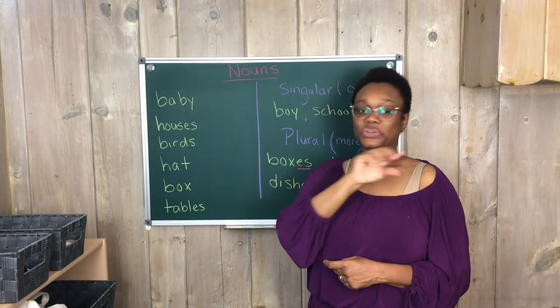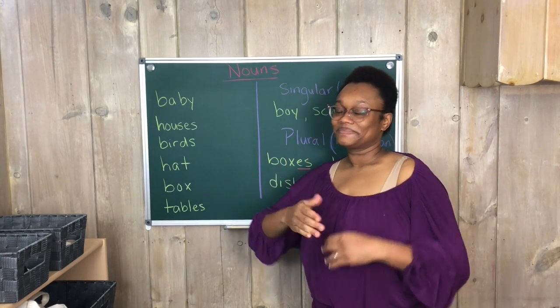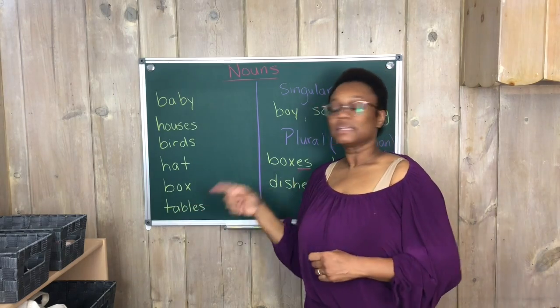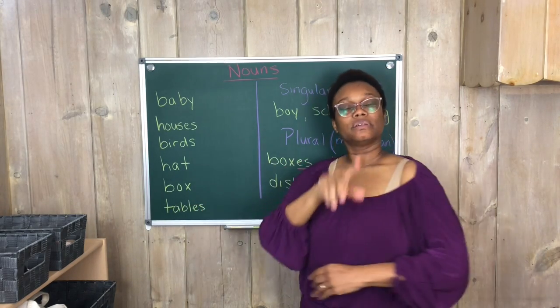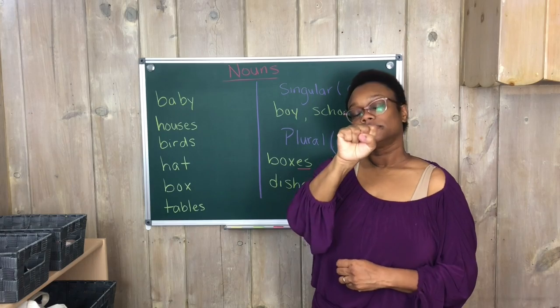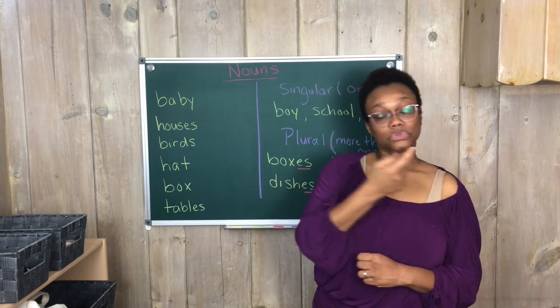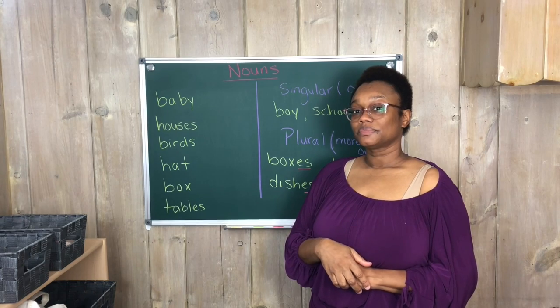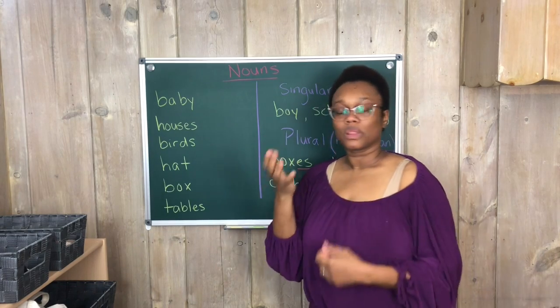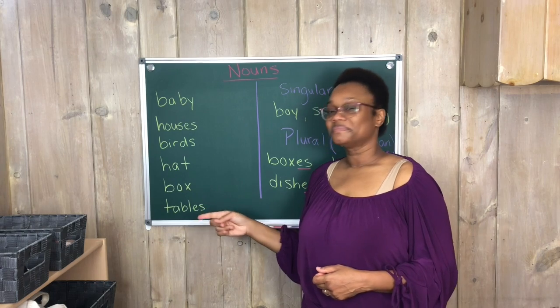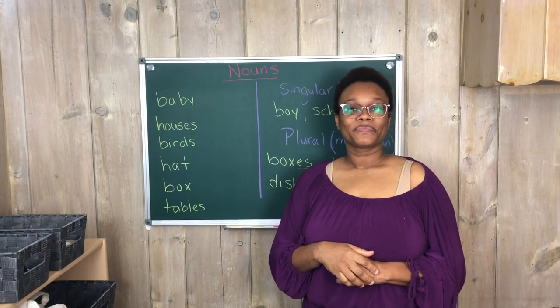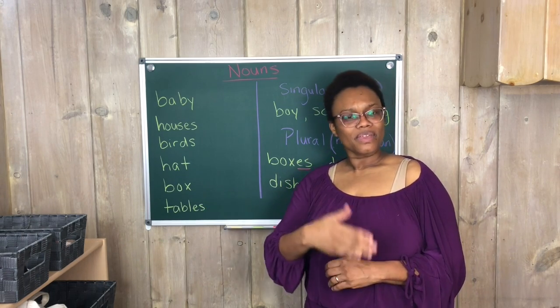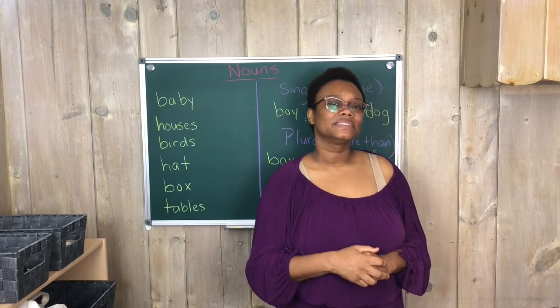Why? Because there's no ES or S at the end of that word. The last is tables, T-A-B-L-E-S. Is that singular or plural? You're right, it is plural because there's an S at the end of the word. Good job.